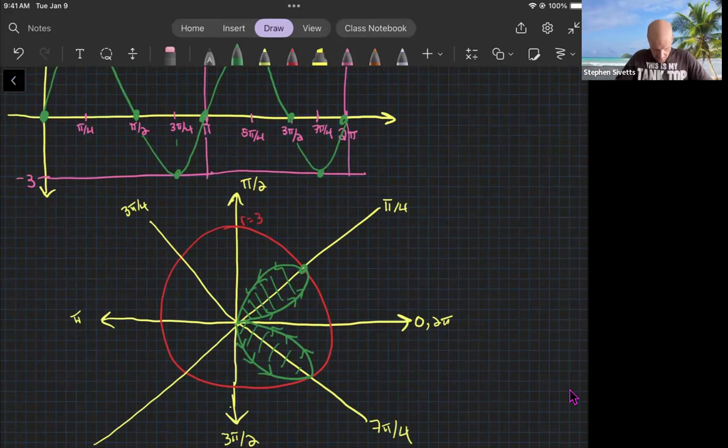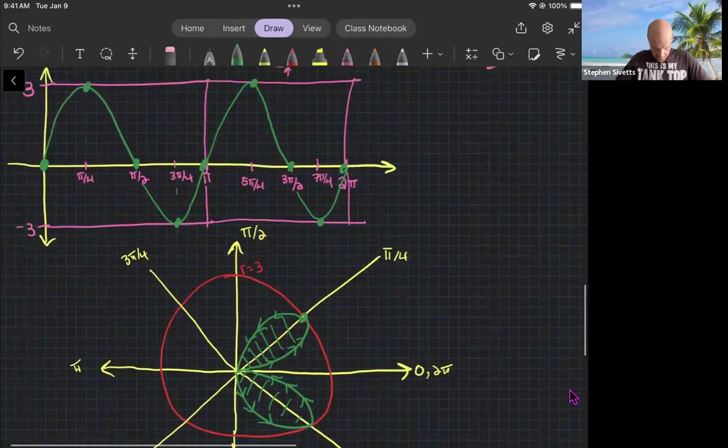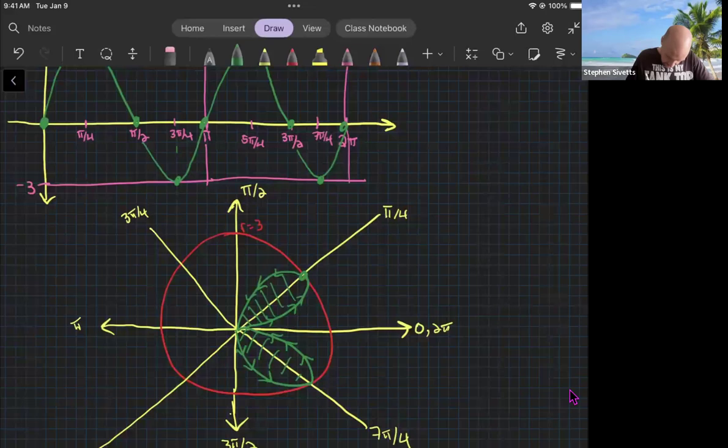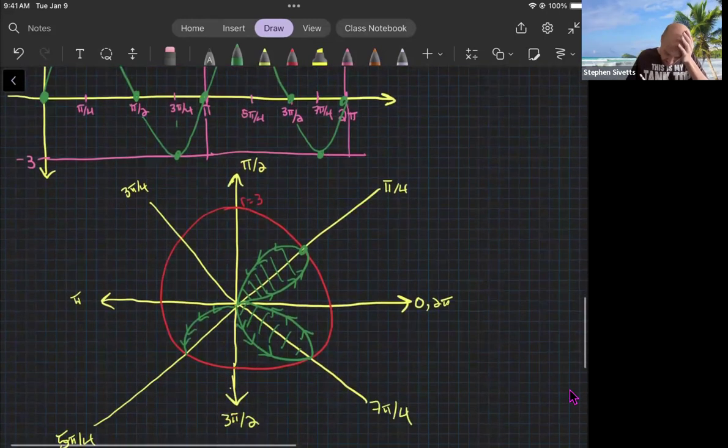When theta goes from pi to 5 pi over 4, it's positive, so we're going to go in the usual direction, like this. And then when theta goes from 5 pi over 4 to 3 pi over 2, we are back to 0. So this is the other petal.